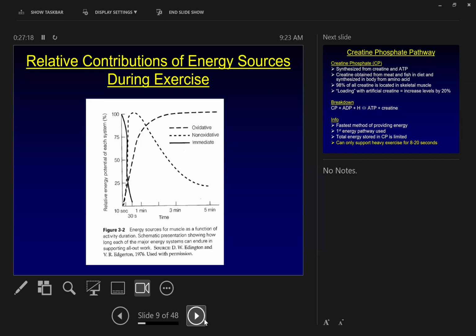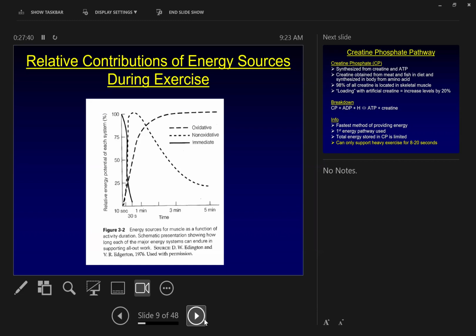What you see is there are three different lines on here. The solid black line is the immediate phosphagen system. The smaller dashes is glycolysis, and the larger dashes is the aerobic or oxidative pathways.